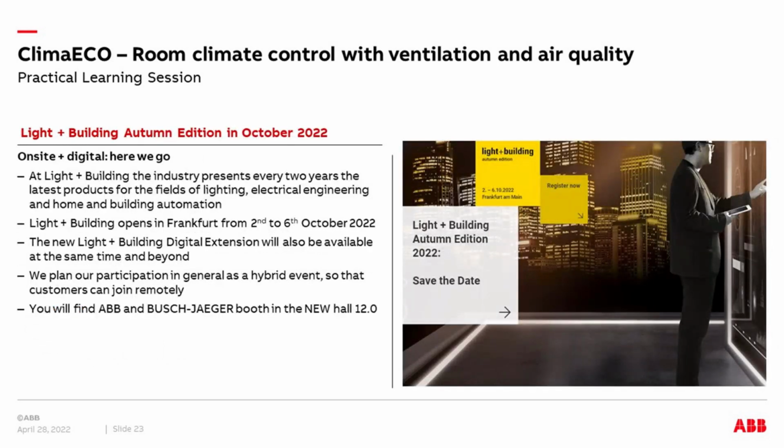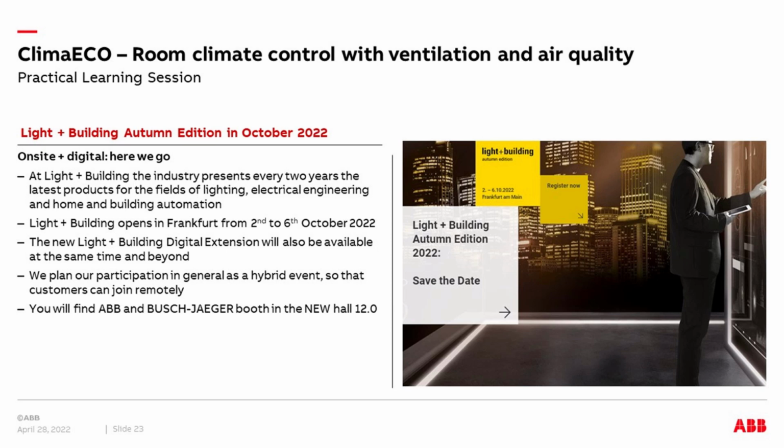So what happens next? First of all, we would like to come to the Light and Building Fair, which, I wouldn't say 100%, but I'm pretty sure, will take place now in October, 2nd to the 6th of October, the way we did it already many years in the past. And ABB, of course, has a big booth now in the new hall number 12, at the Bojega and ABB booth.